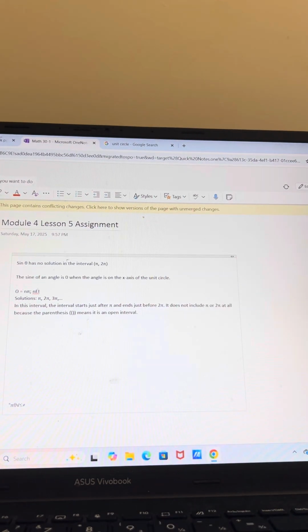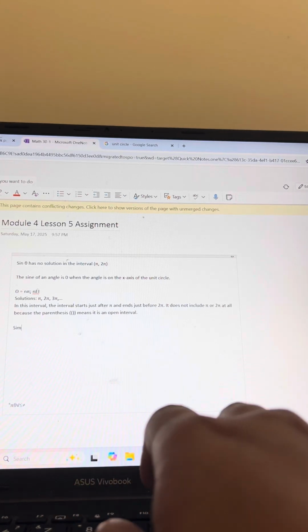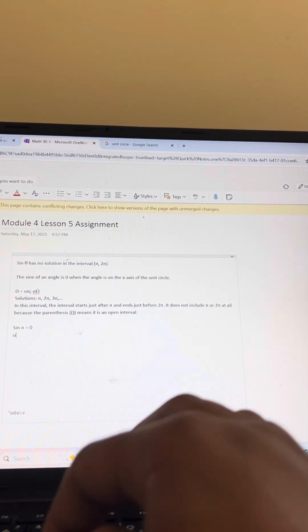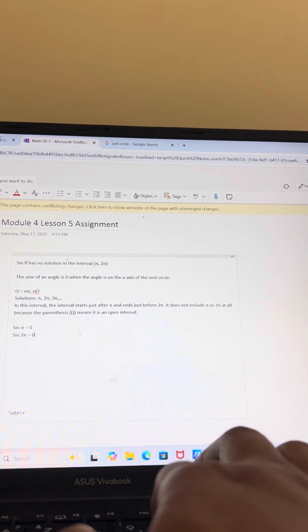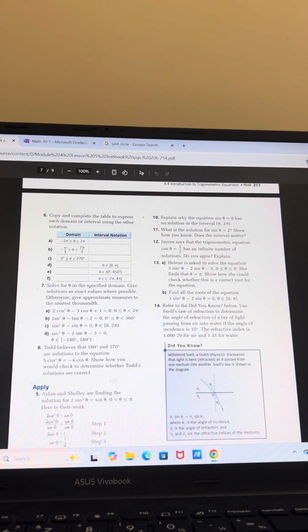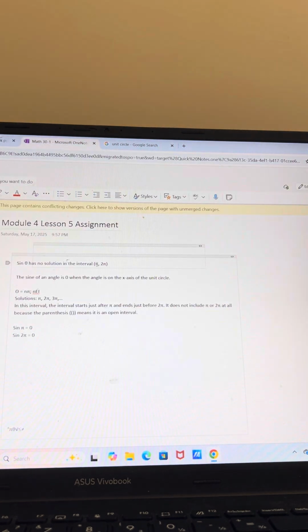And let's go ahead and look at this. So we have sine of pi is equal to 0, and sine of 2 pi is also equal to 0. Now what we're going to do is find some points in the interval, and we're going to test sine of those points to see if they equal 0 or not. So let's just choose 3 points here.